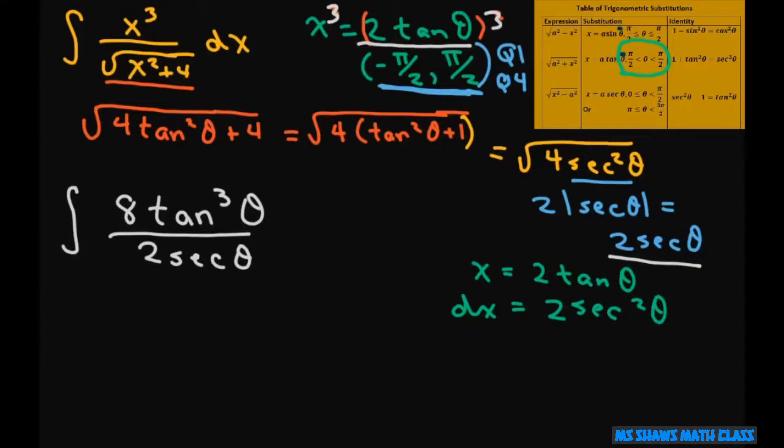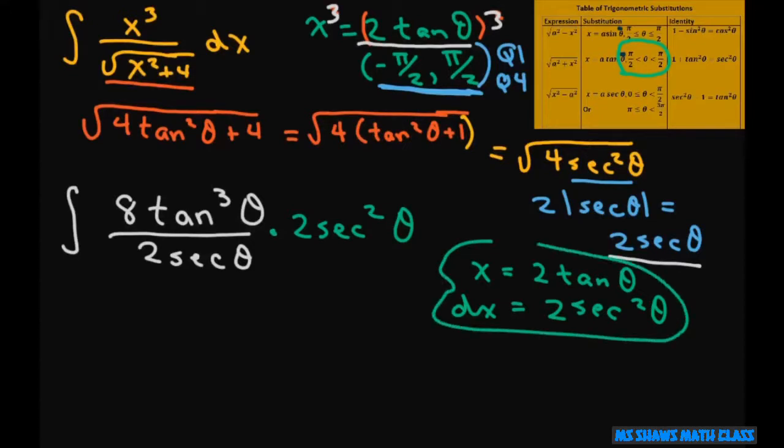So our dx now turns into 2 secant squared of theta. Now we can cancel out the 2's here, and secant goes into secant squared 1 time. So this is going to leave us with secant of theta, d theta. I should have put a d theta here. Sorry about that.